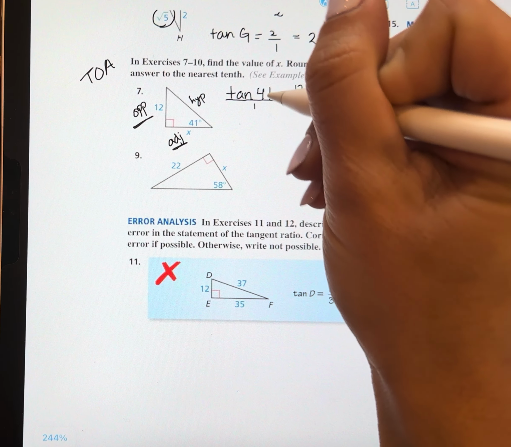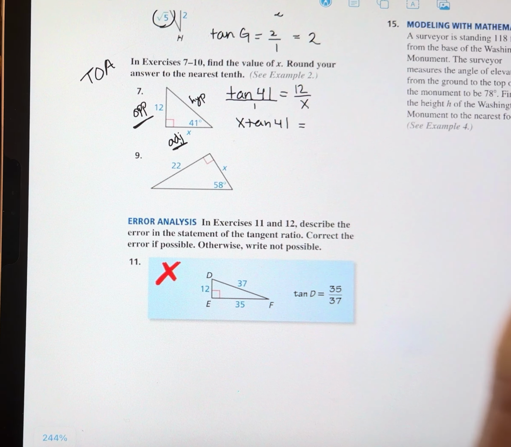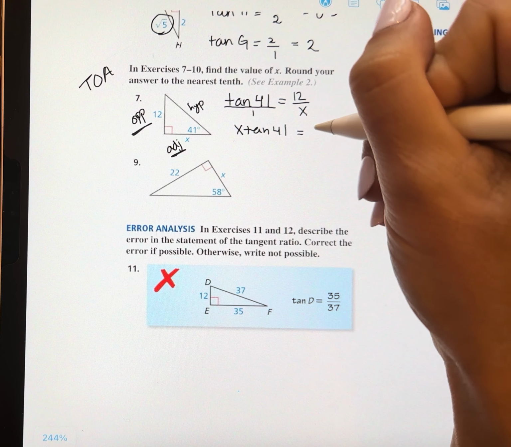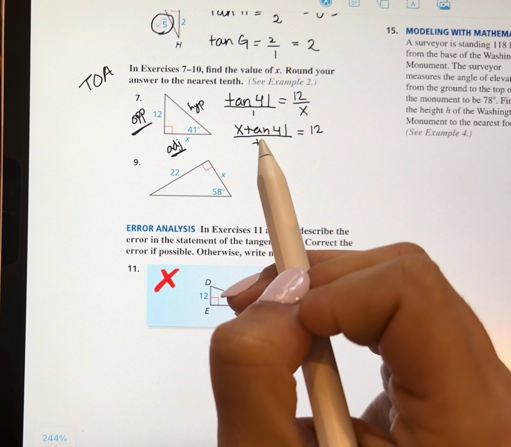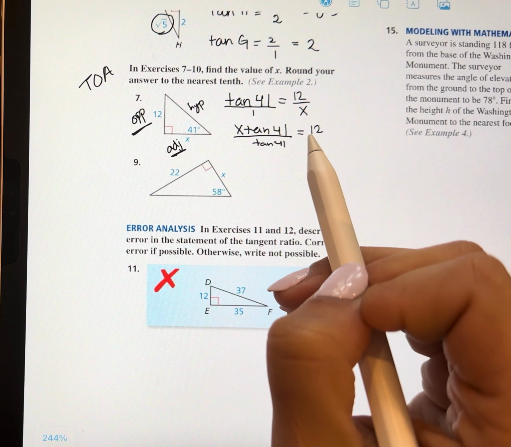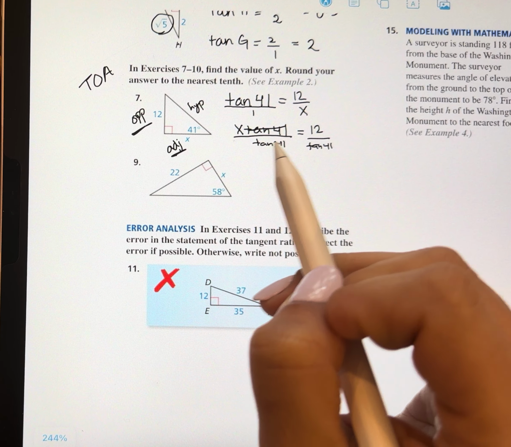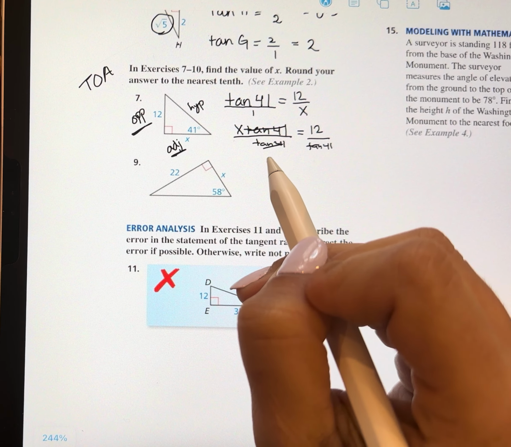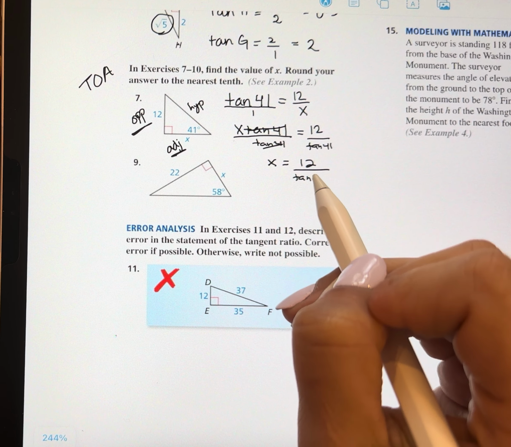So I get x times tan 41 equals 1 times 12, which is 12. And then now I've got to divide by tan 41 on both sides. And so now you see the shortcut I was telling you about? That x equals 12 over tangent of 41.